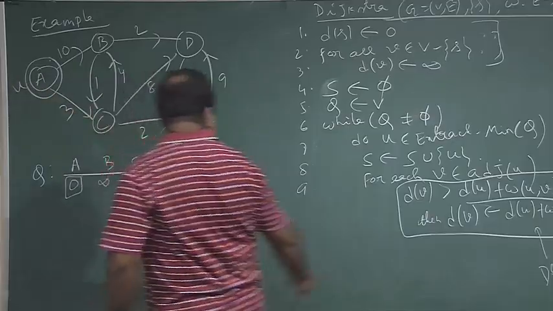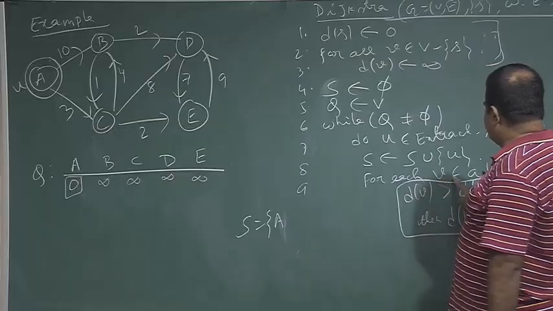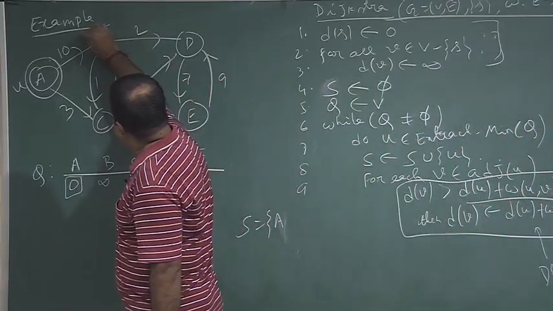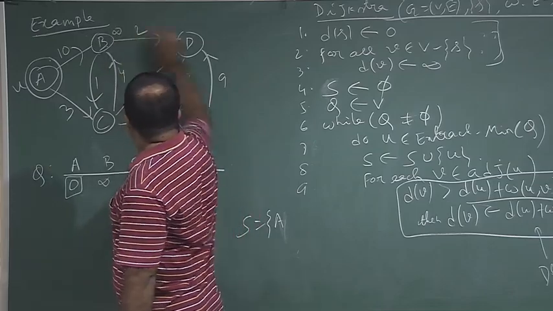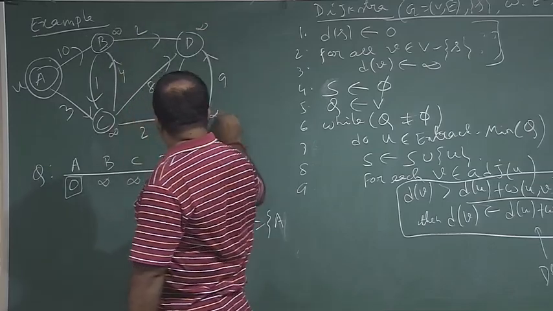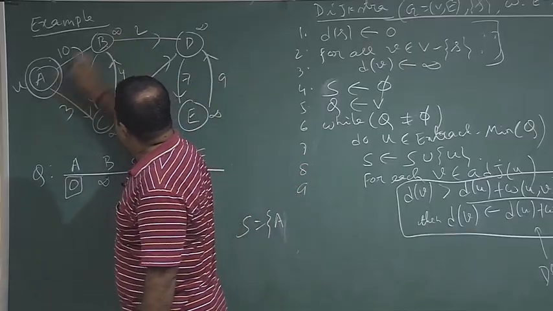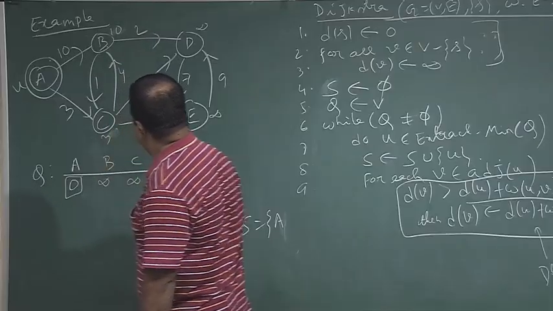Now we execute this. We check all the adjacency list of U. These are the V in the adjacency list of U. This one had distance infinity, and this one had distance infinity. Now this will be replaced by 10 and this will be replaced by 3.